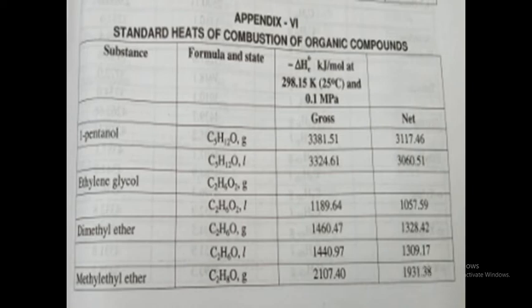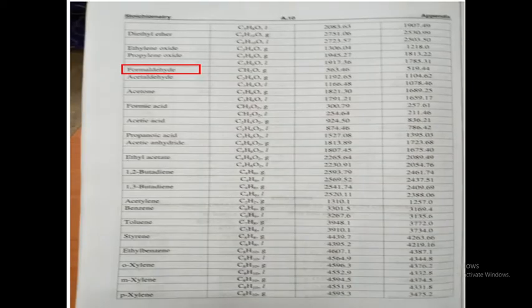Okay. From this table we want formaldehyde's standard heat of combustion value. The formaldehyde component formula is CH2O, gas. The value is 563.46.